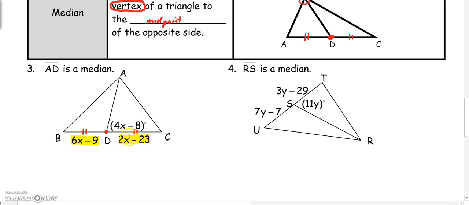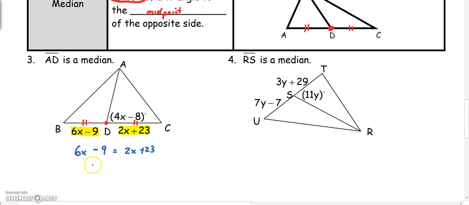This angle I want to ignore for now because I don't know anything about the angle in a median. So I'm going to use the highlighted segments to solve for x. So 6x minus 9 equals 2x plus 23. So when I solve, I get 4x equals 32 and divide, so x is 8.